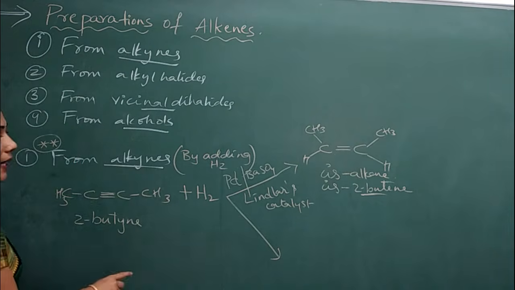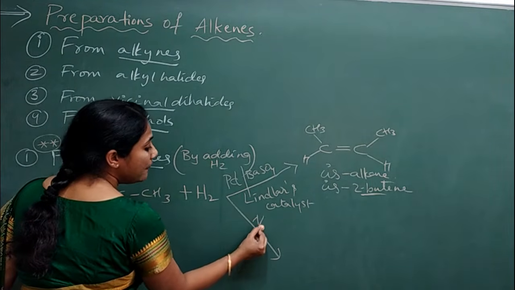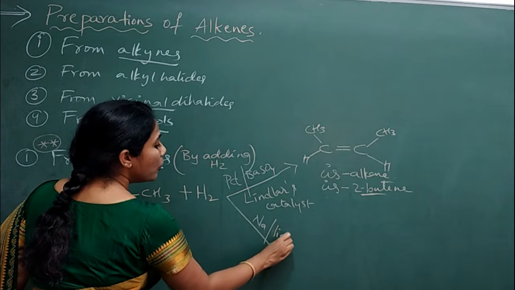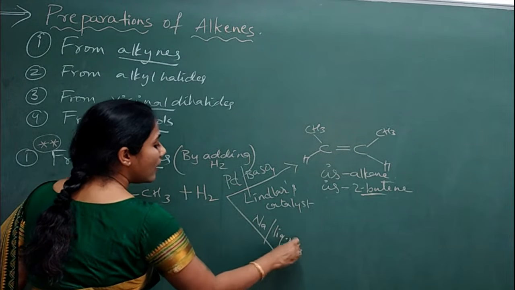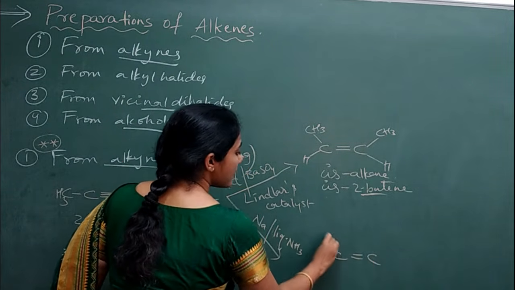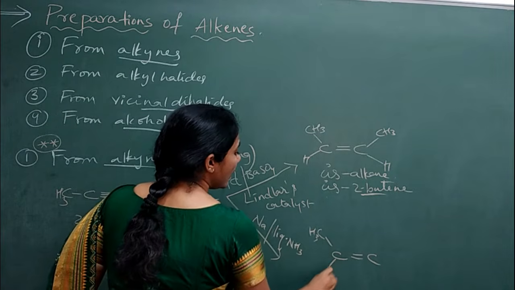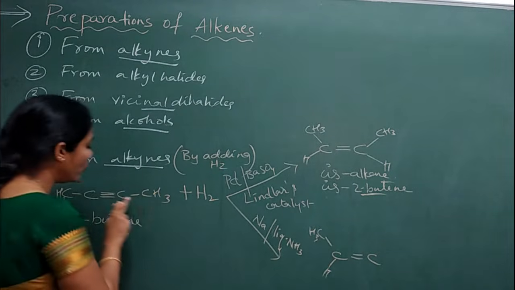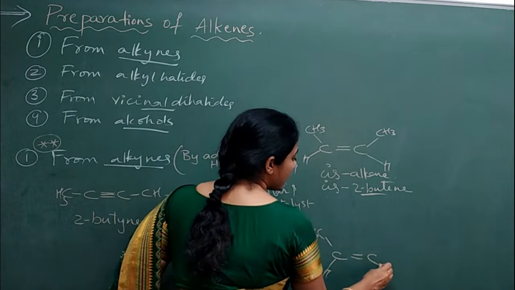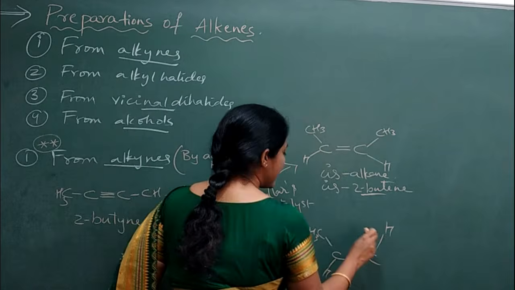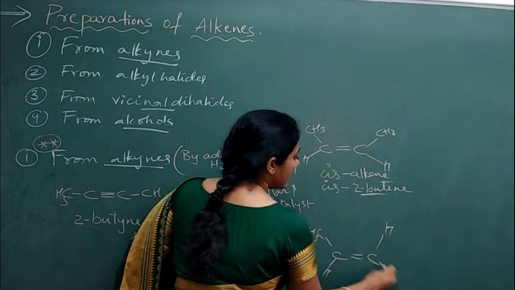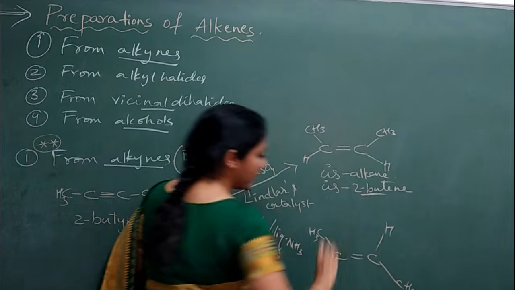Okay, fine. But if I use sodium in liquid ammonia, then I will get the alkene something like this. CH3, so one hydrogen that gets added to this carbon, I wrote it here, and the other hydrogen that gets added to this carbon, I wrote it up, the other CH3 at the bottom.